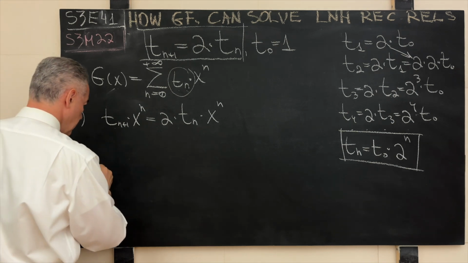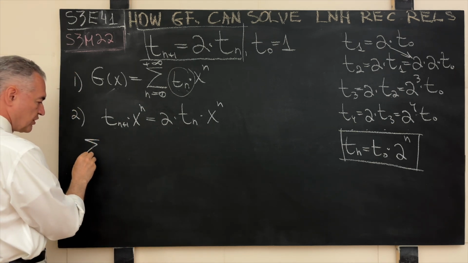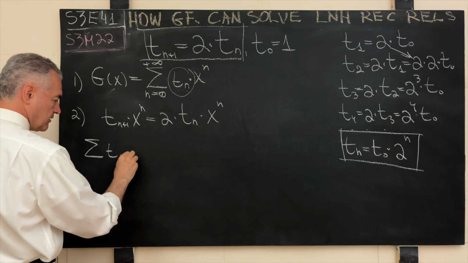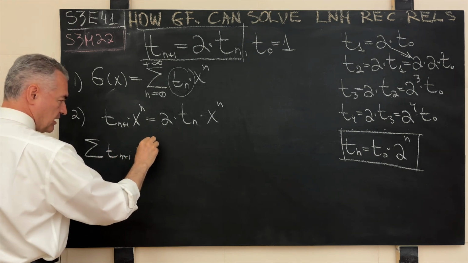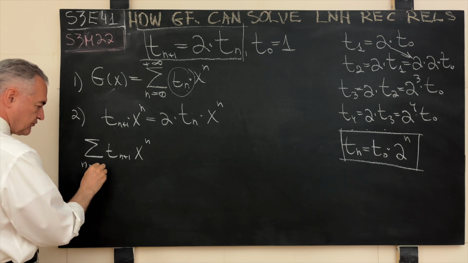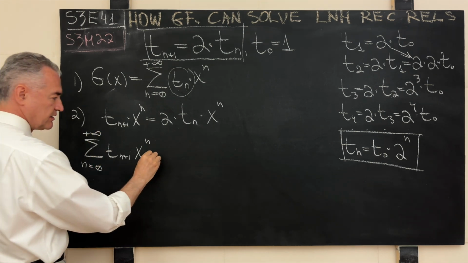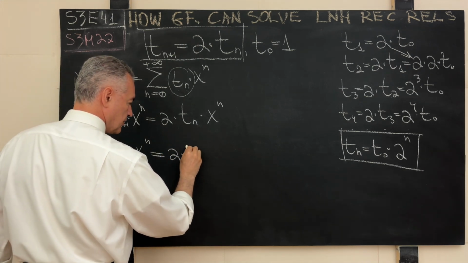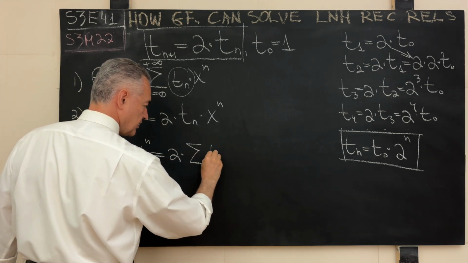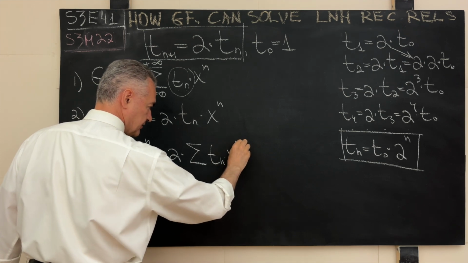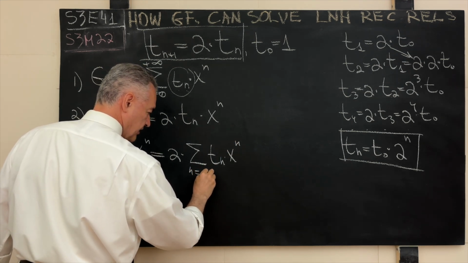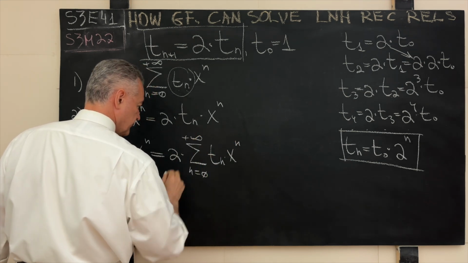So here we sum this result over n, t n plus 1 times x raised to the power of n from 0 to positive infinity, equal to 2 times the sum of t n times x to the nth power, and again n varies from 0 to positive infinity.